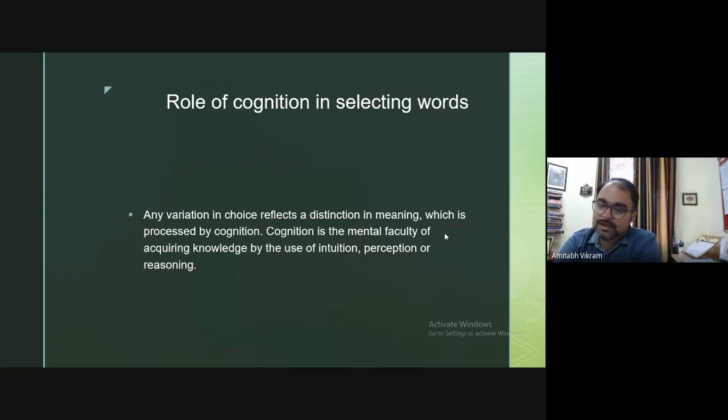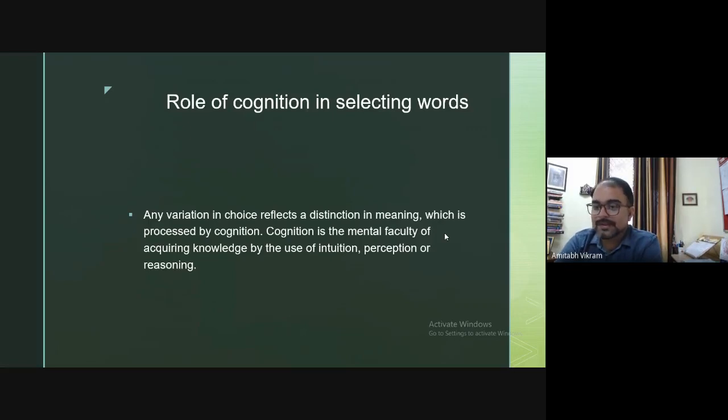But there is another word like risible. Risible is again an option, a substitute for smiling. So I can also say, what is the reason behind your risible? That means I am simply saying, why are you smiling?